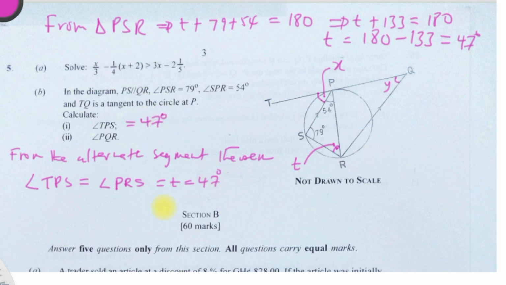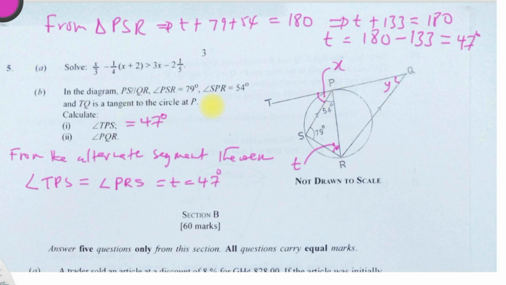Okay, fine. So let's look at this second example. Second question, we are supposed to find PQR, which is y. So how do we find y? We are told that these two lines, PS and QR, are parallel.